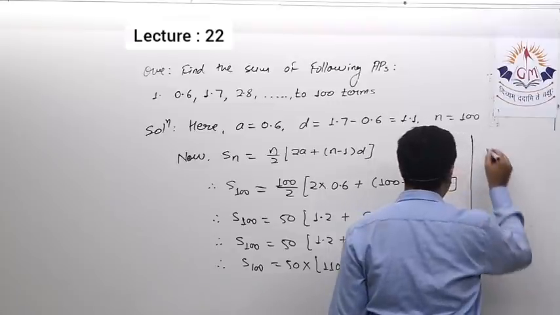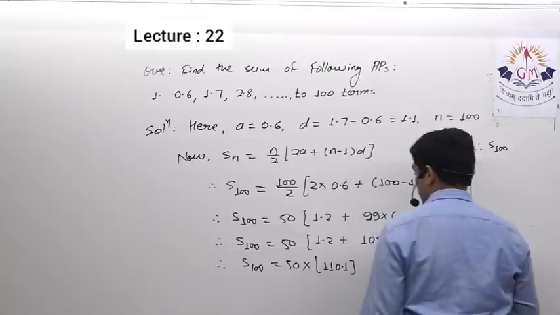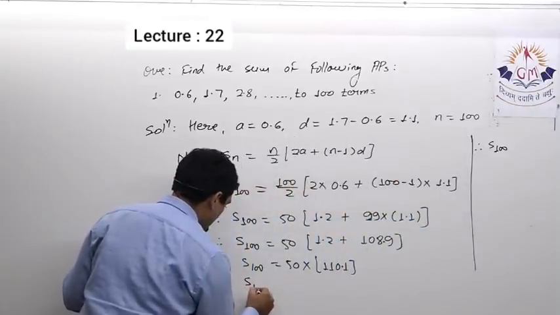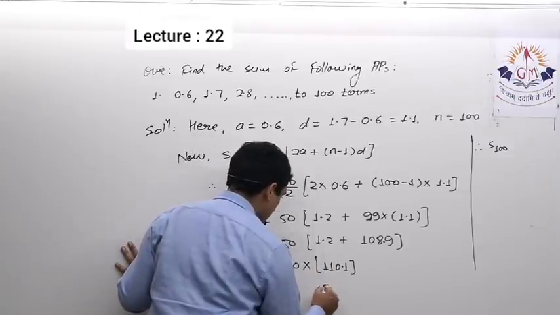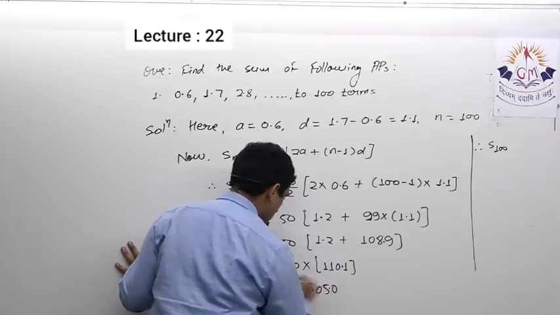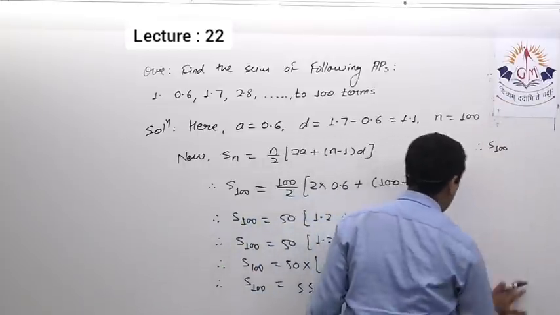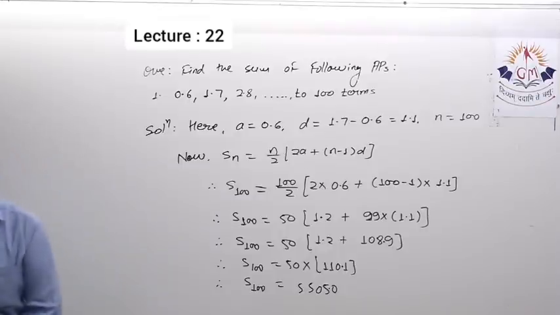Therefore S100 is equal to 50 into 110.1, which is 5505. That is the final answer. So please note it down, then we'll see the next question.